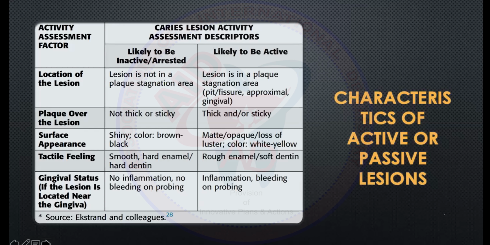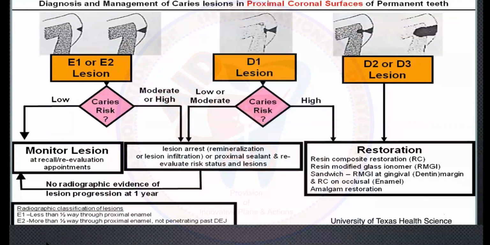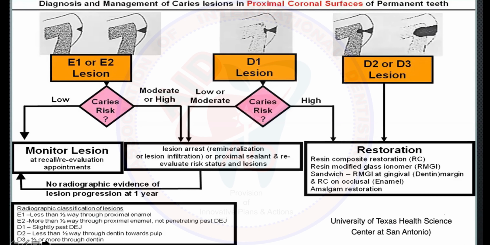If you gently move your probe and find the enamel or dentine to be soft or rough, you suspect an active lesion. And on a proximal surface, when you find bleeding or inflammation of the interdental papilla, you may suspect an active carious lesion.